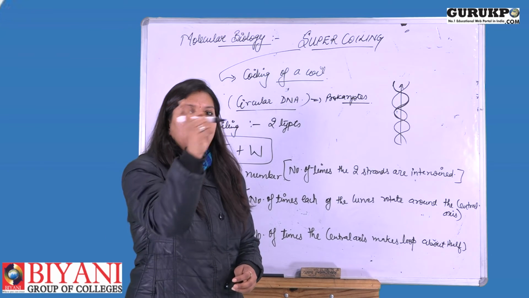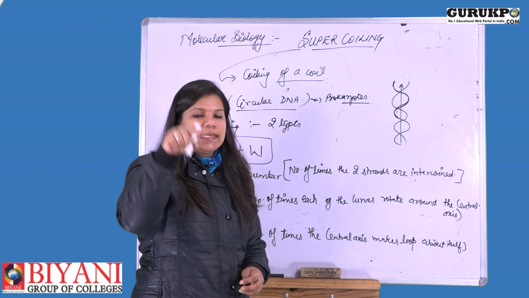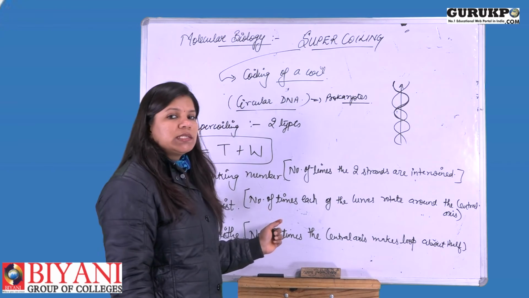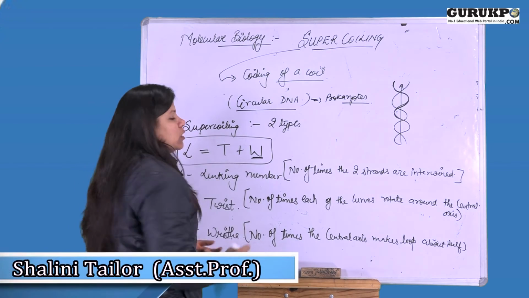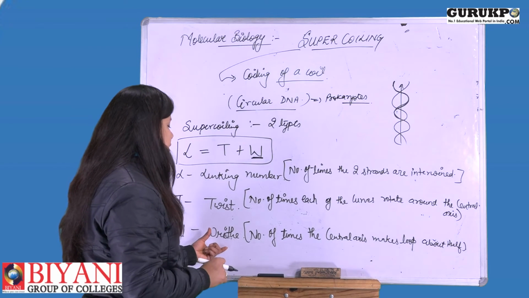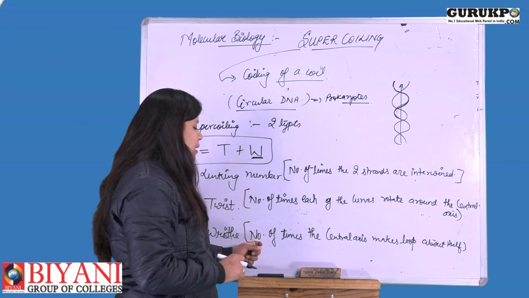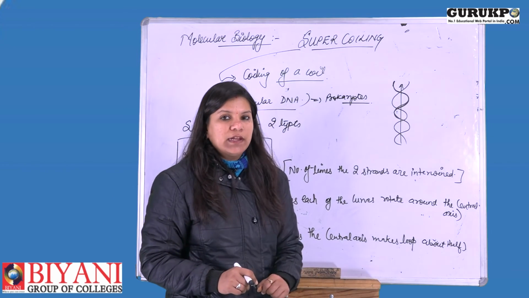A complete round of a DNA strand onto the central axis is the twist number. And the third symbol, represented by W, which is the writhe, is the number of times the central axis makes a loop about itself.